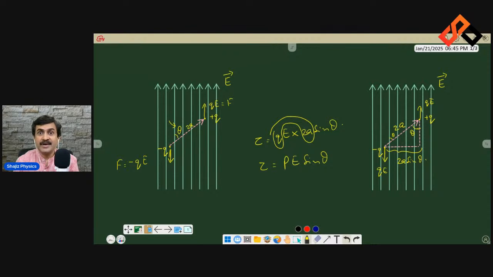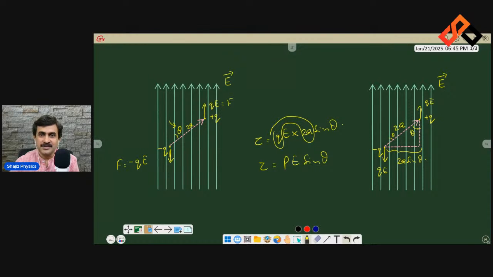Now, torque is a vector quantity, and this is what I want each one of you to remember or internalize with clarity. Whenever there is a sin theta appearing in any equation, physically it means that there is a chance for that equation to be written as the cross product of two vectors.